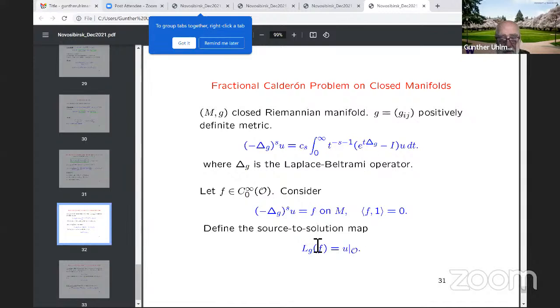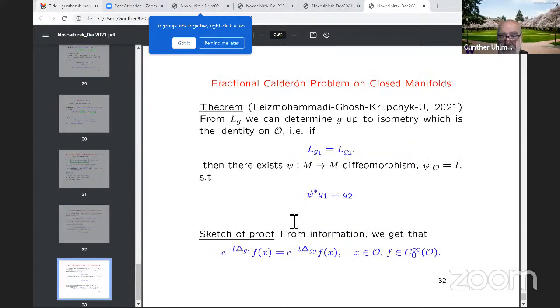And you consider what's called the source to solution map. So you take F supported in some open set of the Riemannian manifold, and then you take the solution in the whole manifold and restrict it to the open set. If we don't have a boundary in this case, it's called source to solution. This is the source F, you map it to the solution.